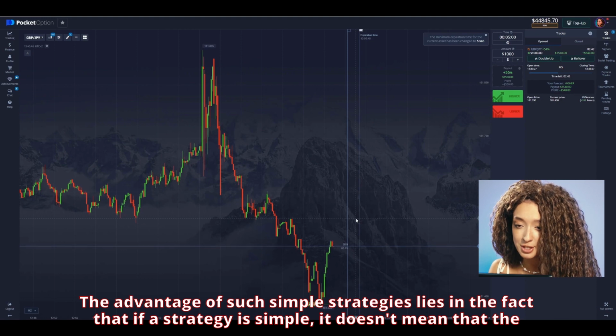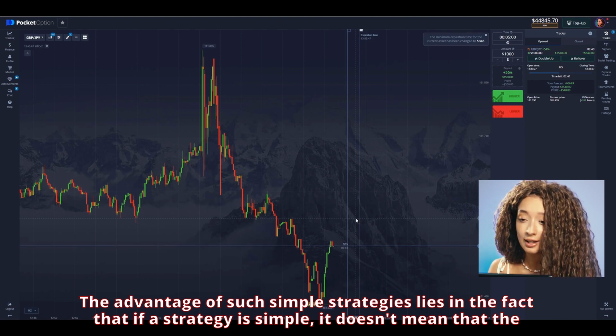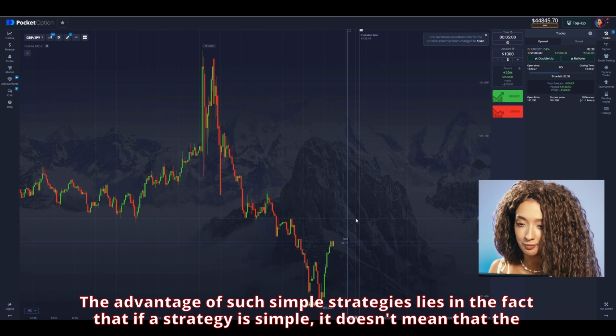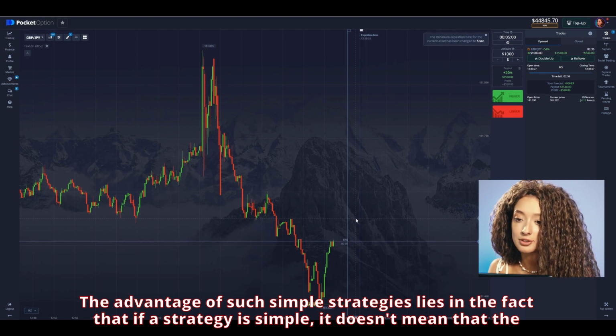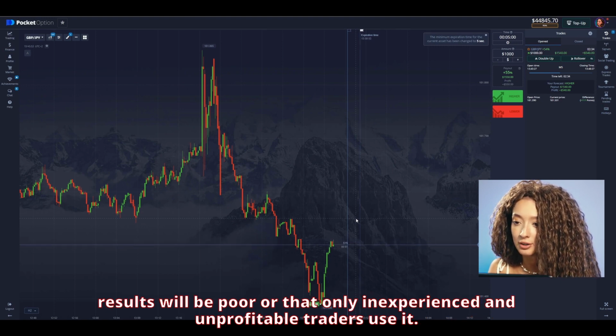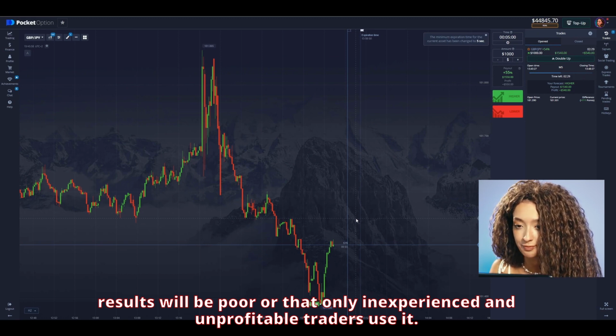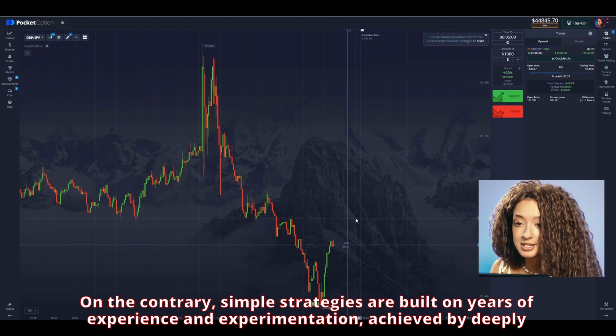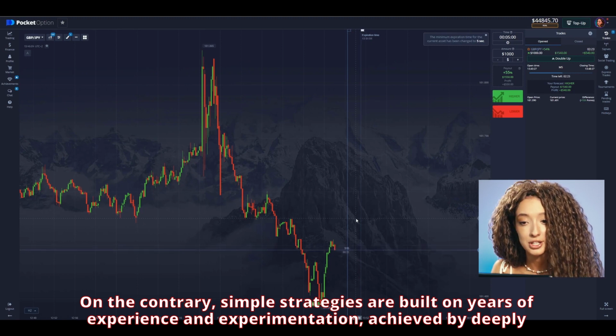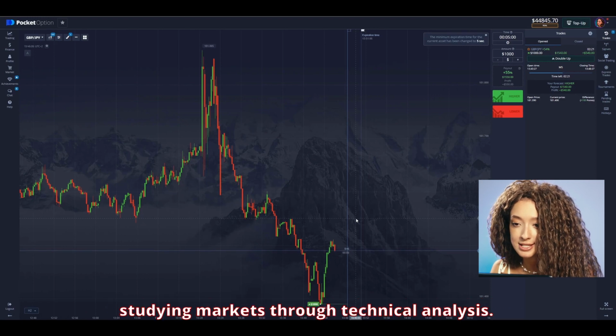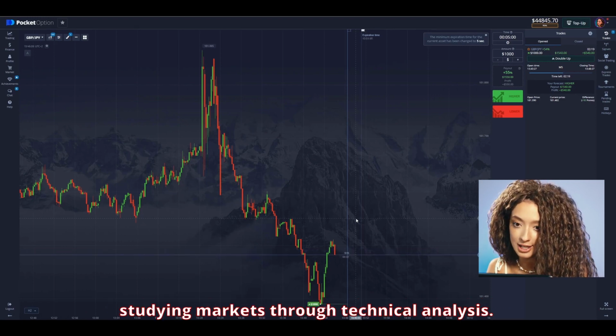The advantage of such simple strategies lies in the fact that if a strategy is simple, it doesn't mean that the result will be poor or that only inexperienced and unproven traders use it. On the contrary, simple strategies are built on years of experience and experimentation, achieved by deeply studying markets and technical analysis.